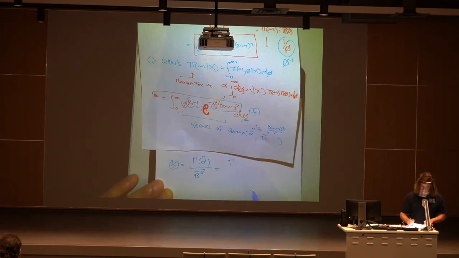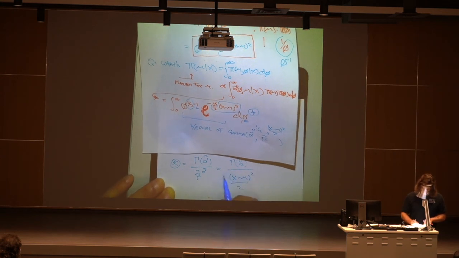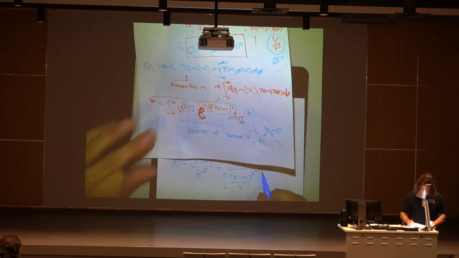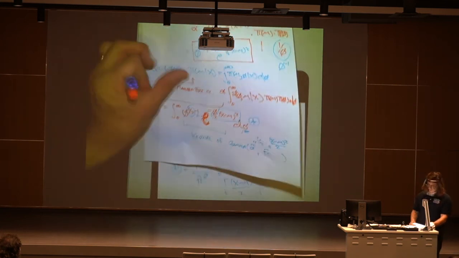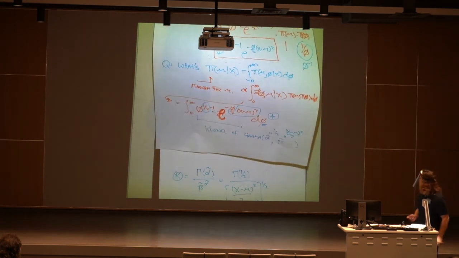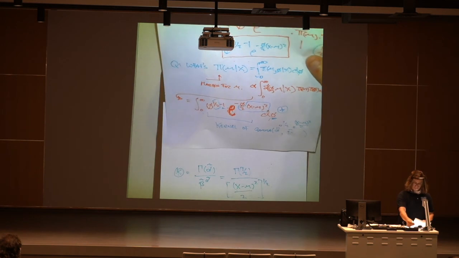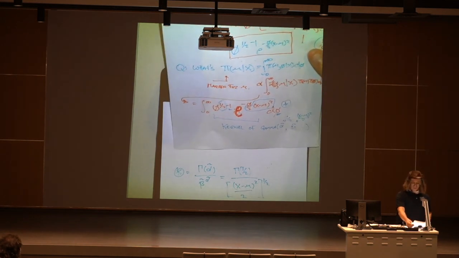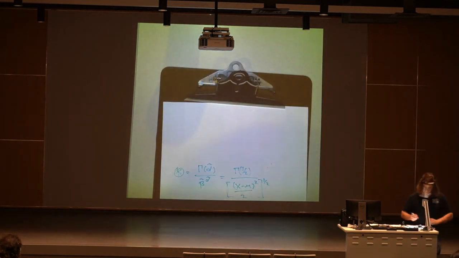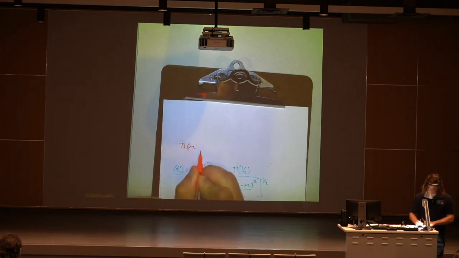So this is going to be gamma 1/2, and this is going to be x minus mu squared over 2, and then I raise this to the 1/2 power. That's my alpha tilde. So there's my integral. This is my distribution on mu. So this thing right here is pi of mu given x.